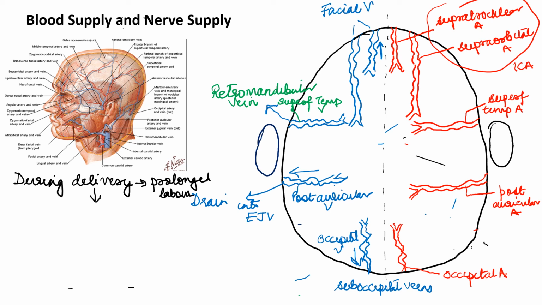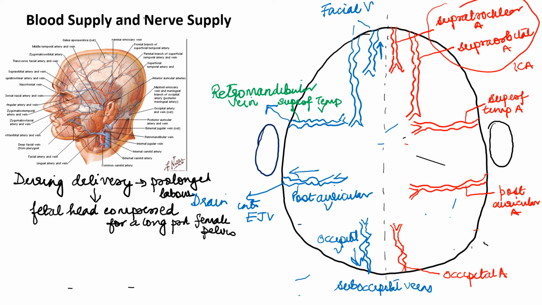The fetal head gets compressed for a long period of time against the female pelvis. As a result, the venous drainage gets affected and there is engorgement of these veins.